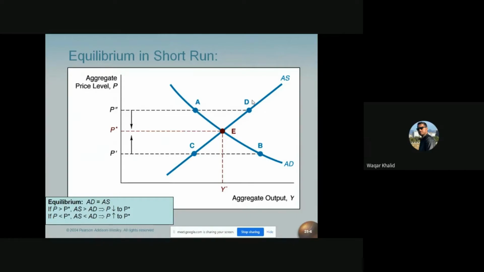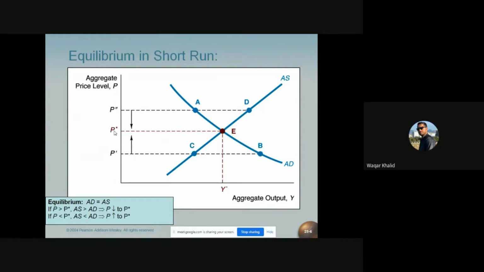So here we have a condition of excess supply. What will happen? The prices of goods and services will fall and the aggregate price level will drop. So we will move from price P double dash to P star.